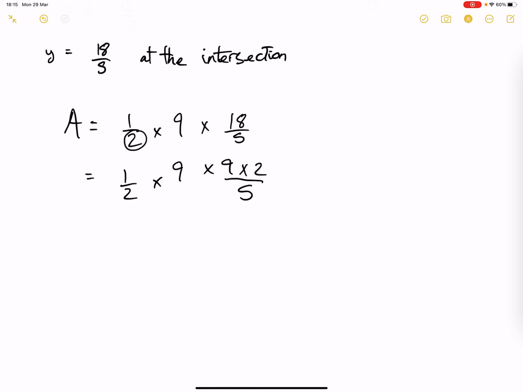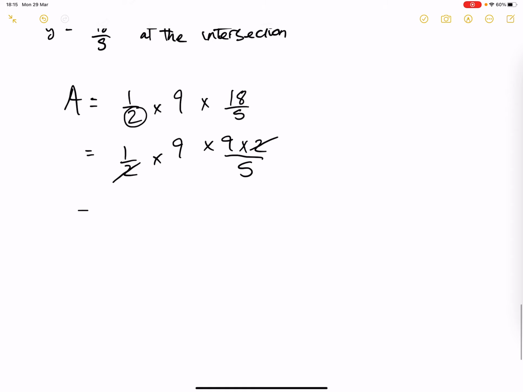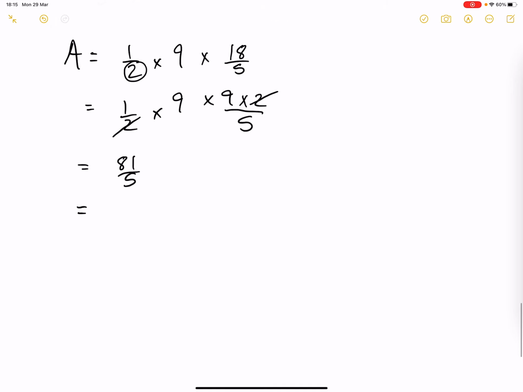Because it's all multiplication, this 2 will cancel with this 2. And that just gives us 81 over 5. I need to find that as a mixed number, because my options are solely mixed numbers. So that will be equal to 16 and 1/5, which is answer A.